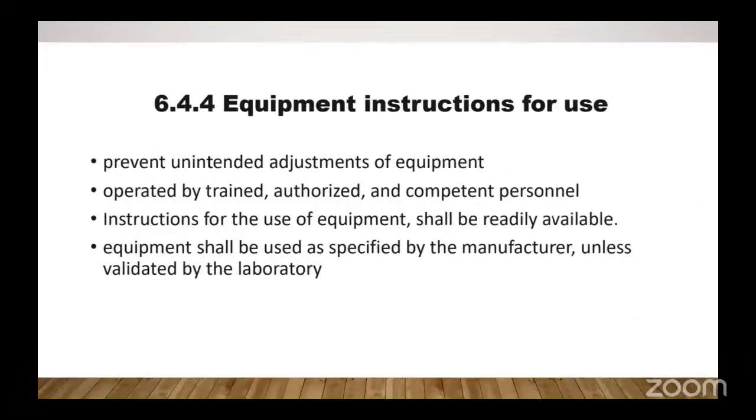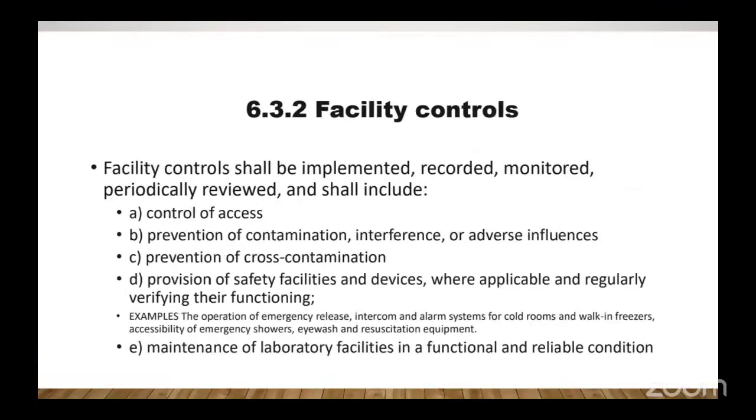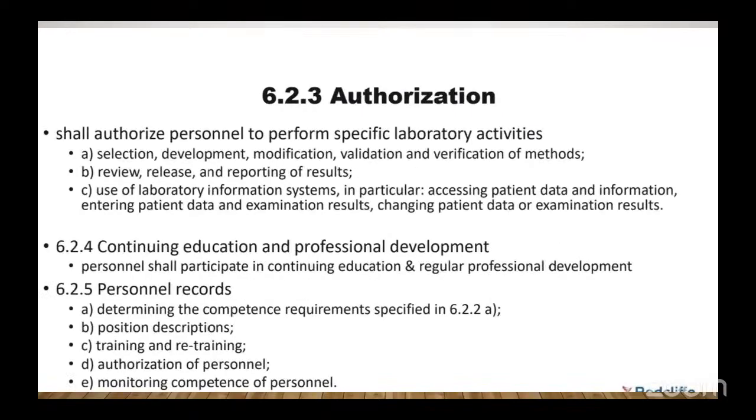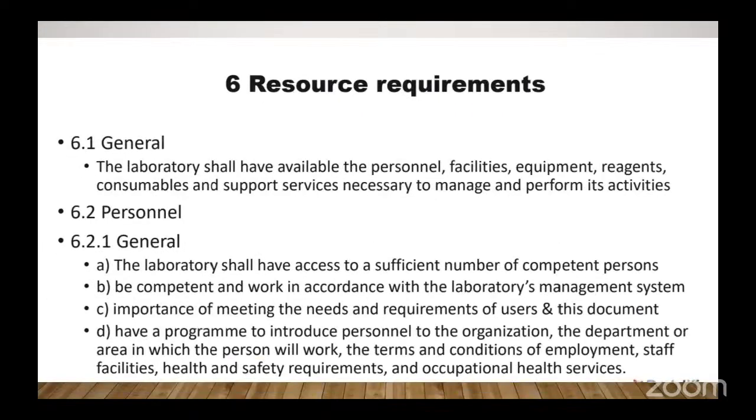So quickly, let's look back generally. When we talk about resource requirement, generally the laboratory shall have available personnel, facility, equipment, reagent, consumables, and support services necessary to manage and perform its activity. So this resource requirement is addressing personnel, facility, equipment, reagents, and support services.